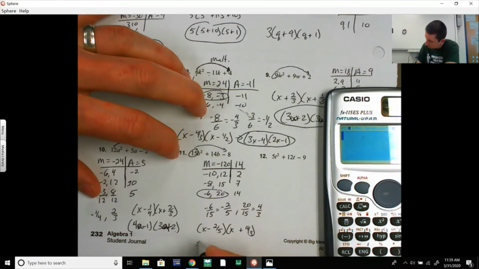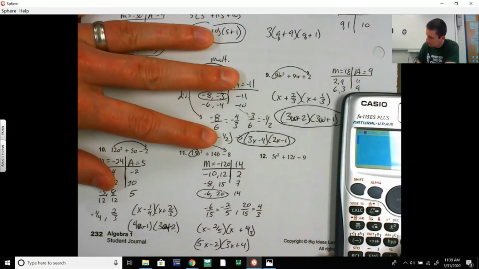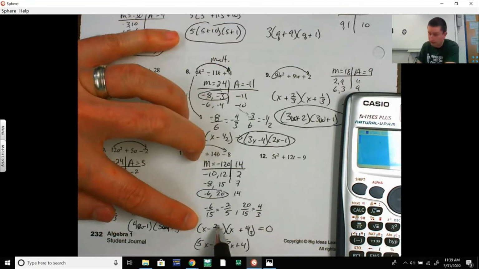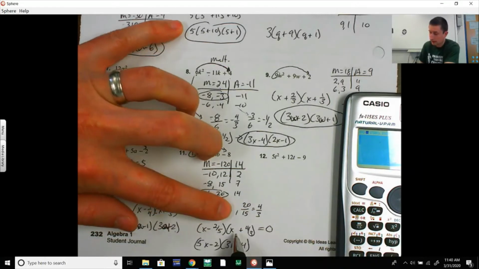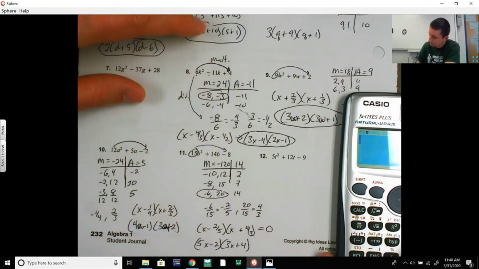Move the denominators up, so 5x minus 2 times the quantity 3x plus 4. Now, if this was an equals, solve, equals 0, you have your answers right here, kids. x minus 2/5, so it's 2/5 and negative 4/3. That'd be where it equals 0 if they want you to solve it.